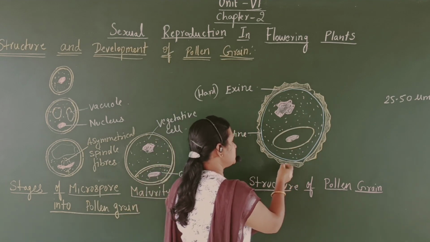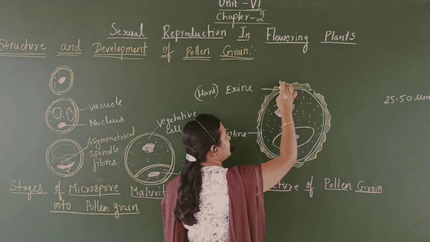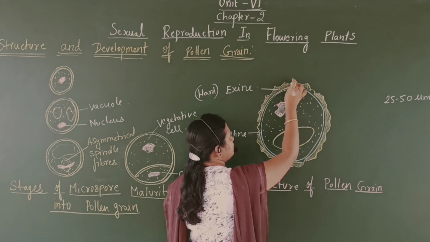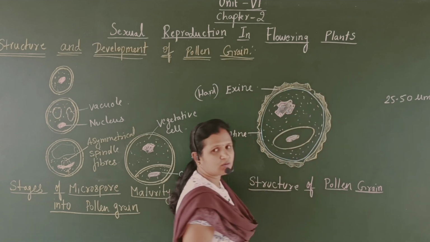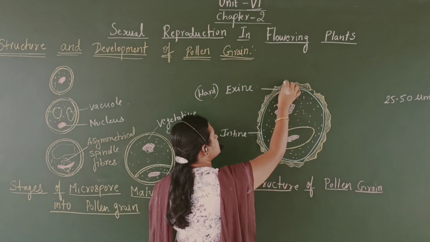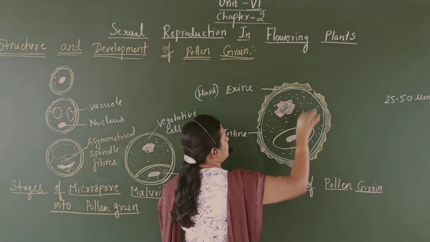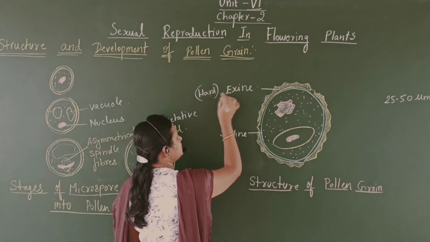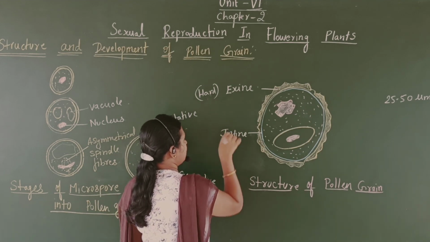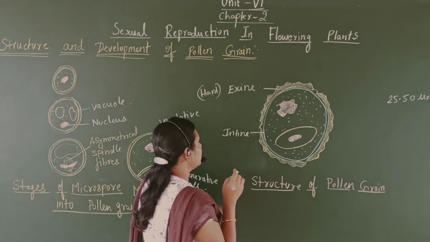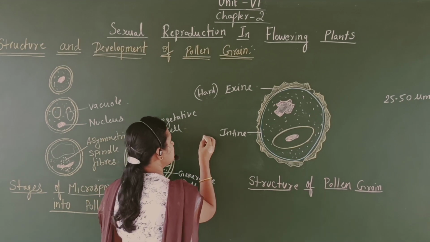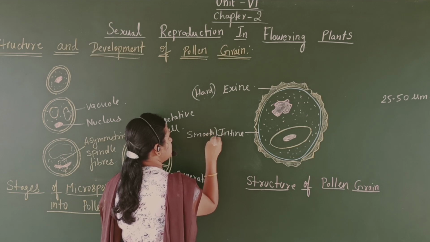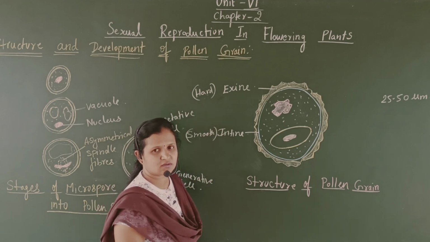It shows some markings, like spine-like structures, ridges in some regions and furrows in others, which are called spines. And next, the intine is smooth and continuous, compared to the exine.